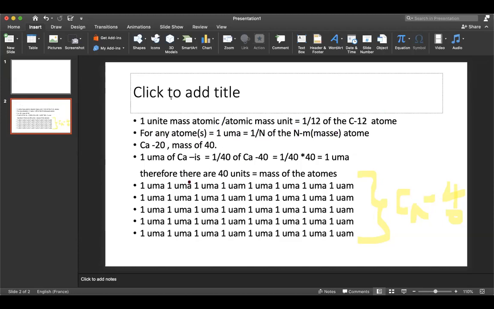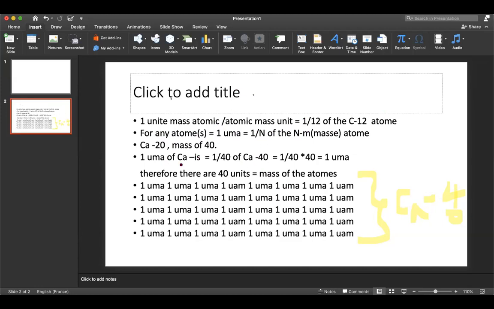Now the mass for this example was calcium-40. There might be calcium-40, calcium-30, calcium-50, calcium-70. It all comes back to the principle of isotopes and every element being an isotope on the periodic table.